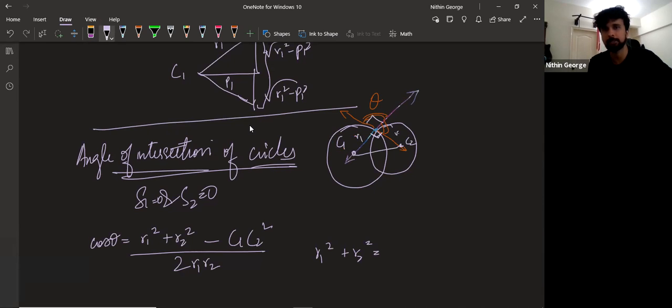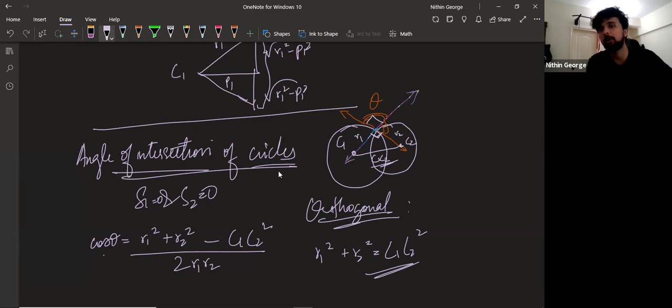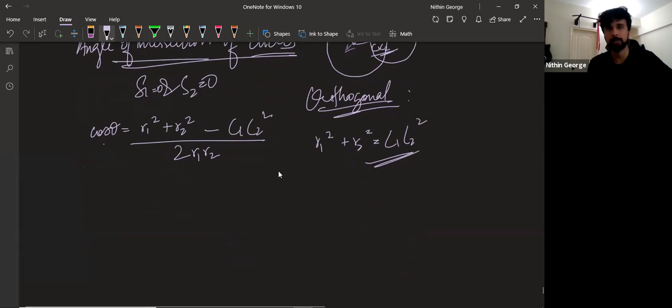This length is R1, this length is R2, this length will be C1C2. So basically, cos 90 will be equal to 0. Think like that. Numerator will be 0. So R1 square plus R2 square will be C1C2 square. Okay. So this is for two circles being orthogonal to each other, which means the angle of intersection is 90 degrees.